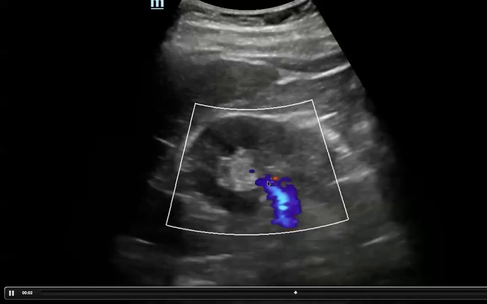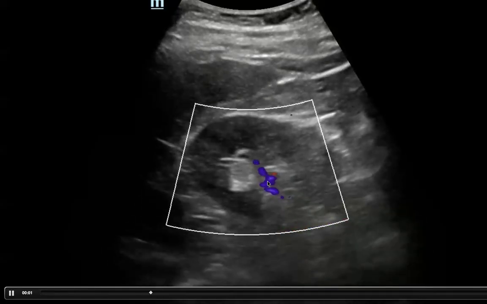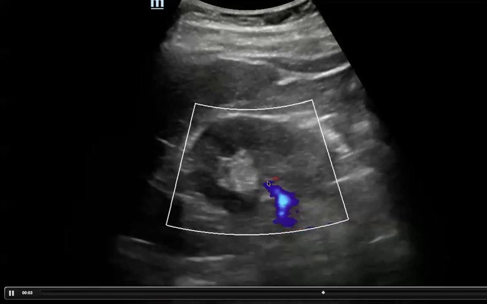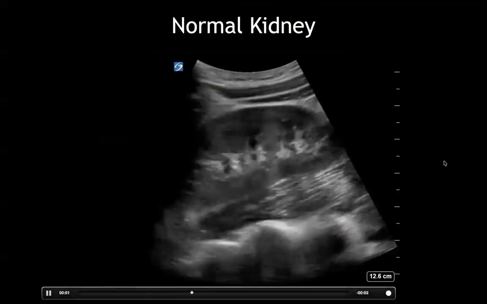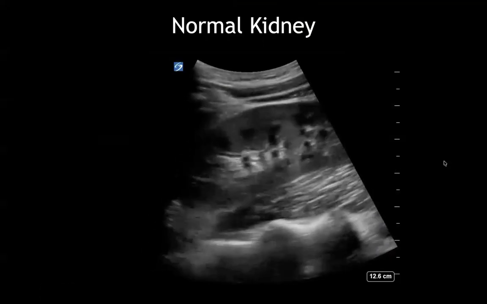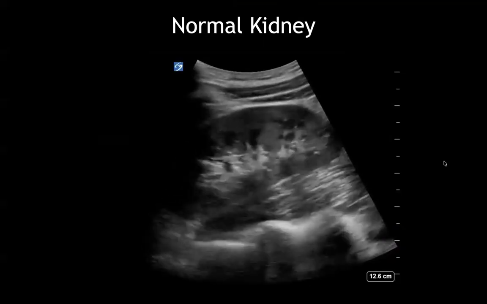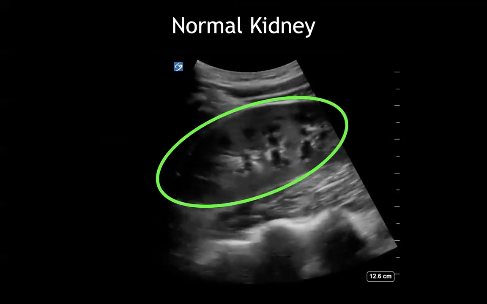So it's important that everything on the screen should remain as still as possible, in addition to also your probe. It should also remain as still as possible. So here's just another video clip of a normal kidney, and this is your normal clip of a kidney.